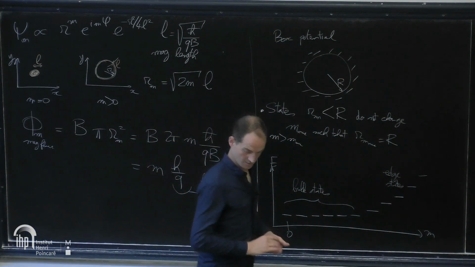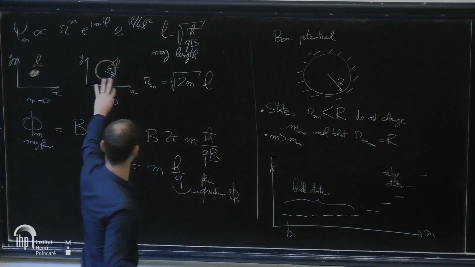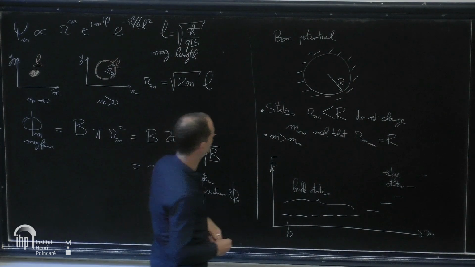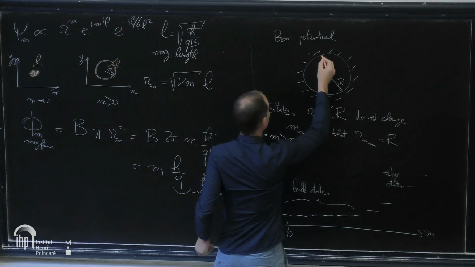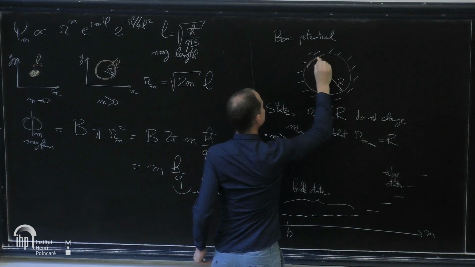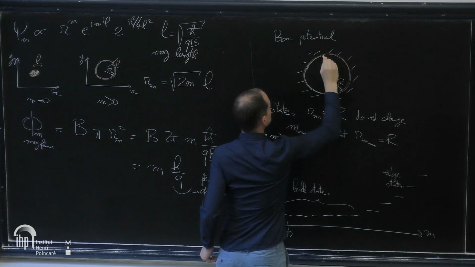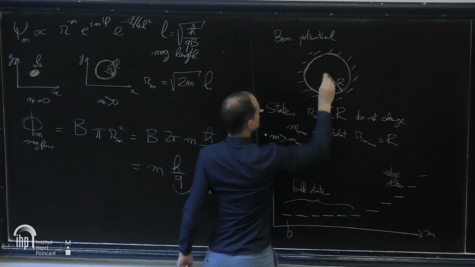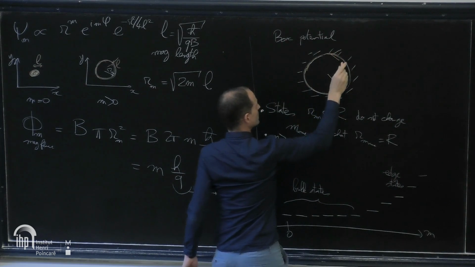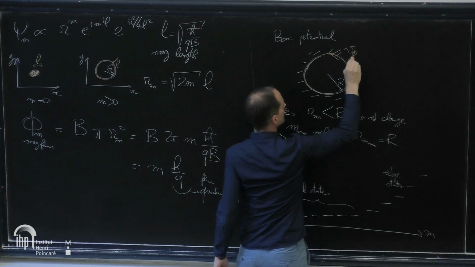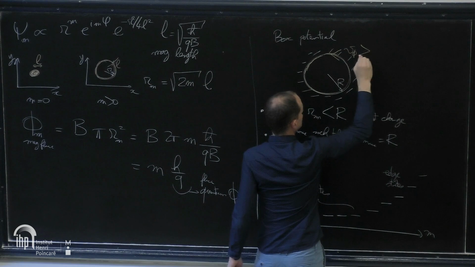So maybe I have drawn already the wave function for the bulk state somehow. So if I plot maybe the density of the edge modes, so they will be located very close to the edge here. Something that is important also is that there is a non-zero velocity, so v phi, the azimuthal velocity, is larger than 0.